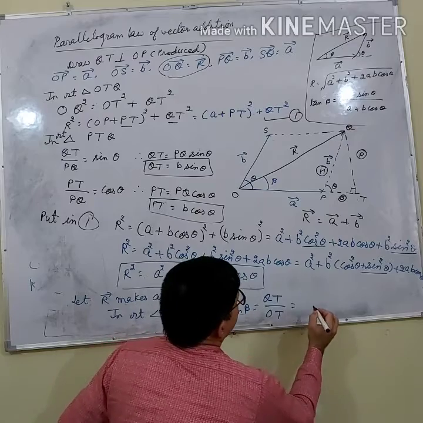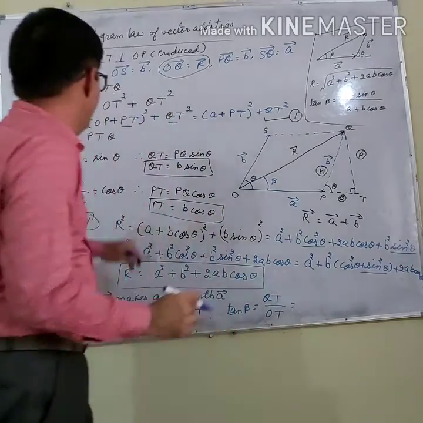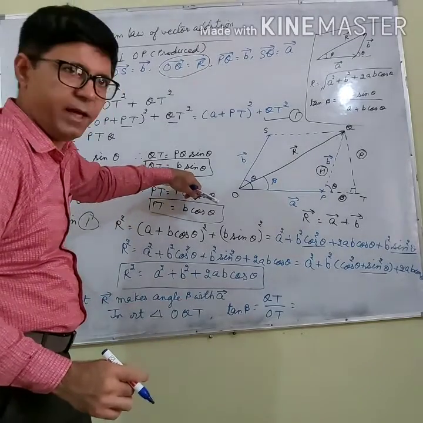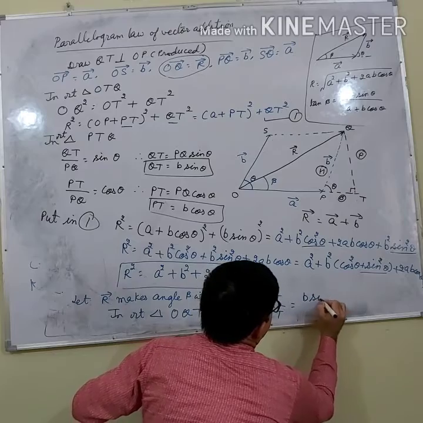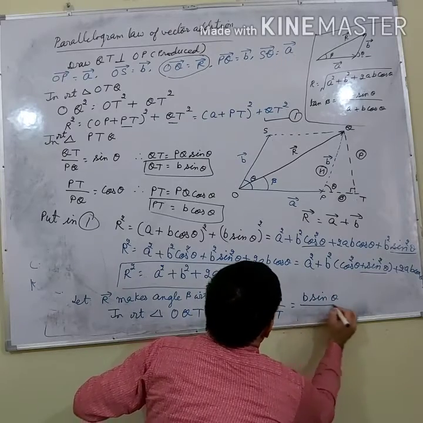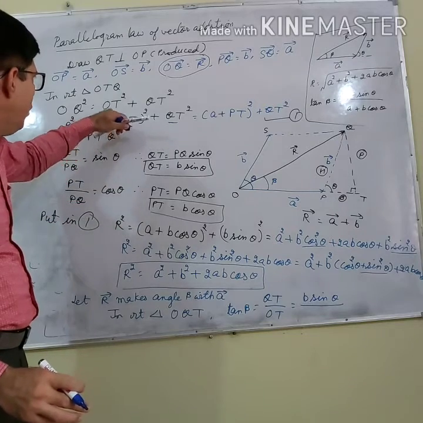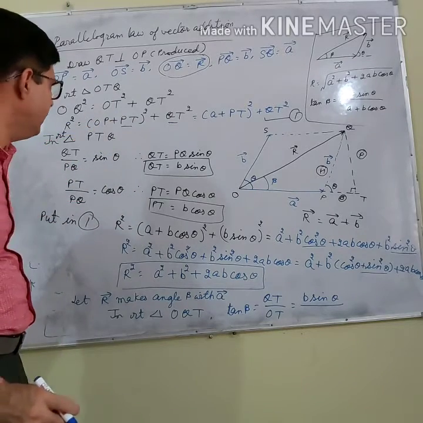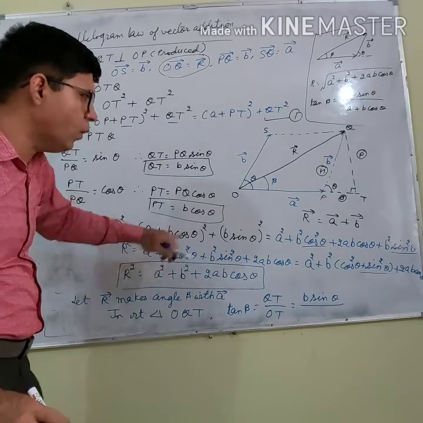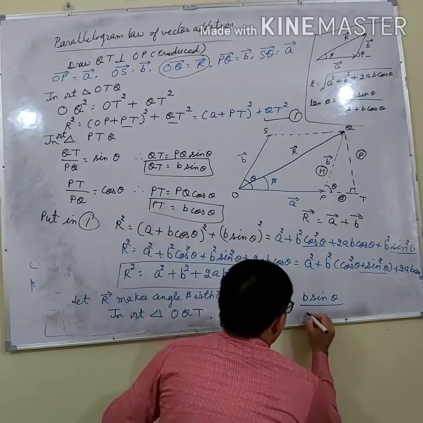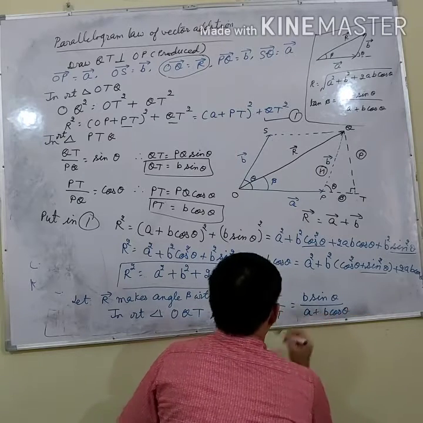What is QT? We have calculated QT here, B sin theta. And what is OT? OT is OP plus PT. And what is OP plus PT? A plus B cos theta.